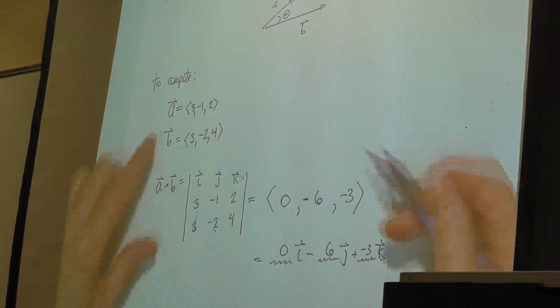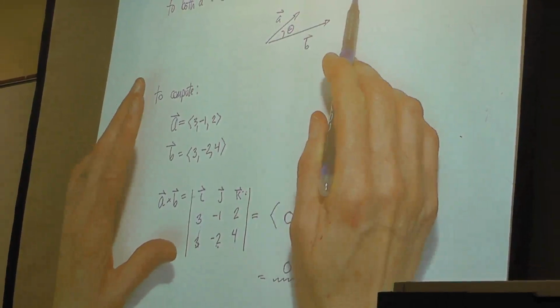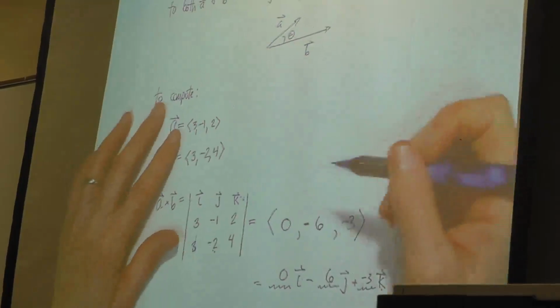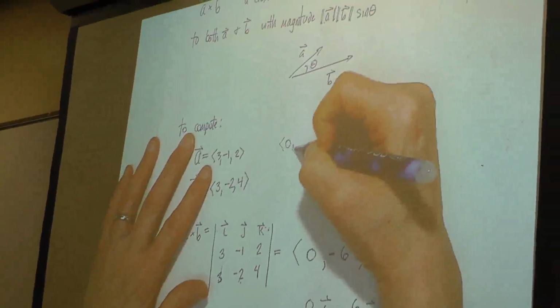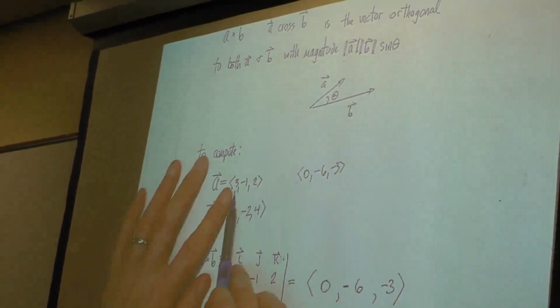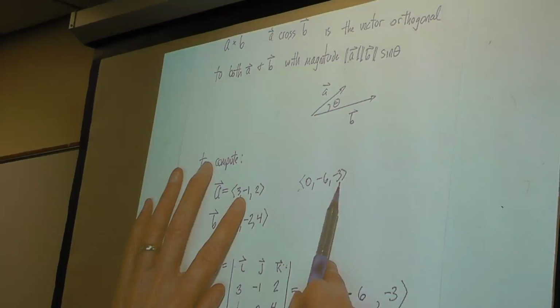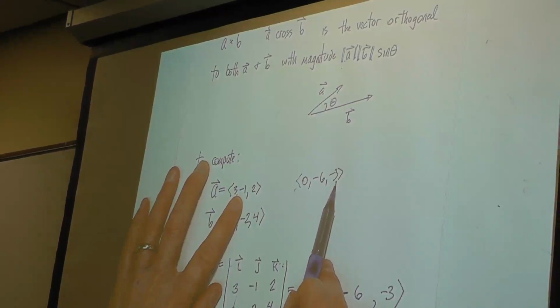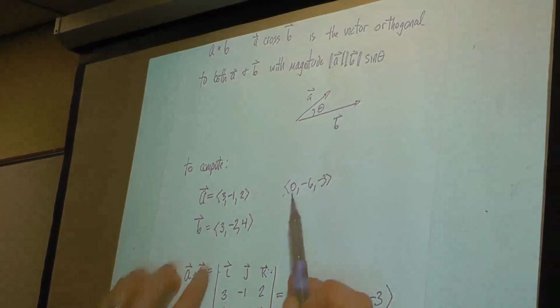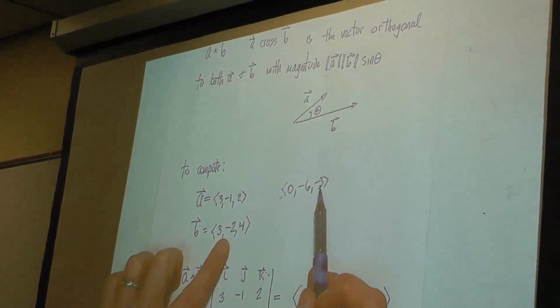Now, you can check. This isn't so easy to check. But look, if you take 0, -6, and -3, and you dot it with this, you will get 6 minus 6. It's orthogonal. And if you dot it down here, you will get 12 minus 12.